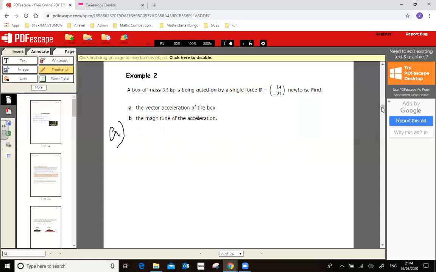Right, let's start with part A. Let's write down Newton's second law, the formula F equals ma. And since we're using vectors, let's underline the force and underline the acceleration to represent their vectors. Okay, so let's substitute the information we know. The force is (14, -21), and that equals the mass, which is given to us as 3.5, times the acceleration.